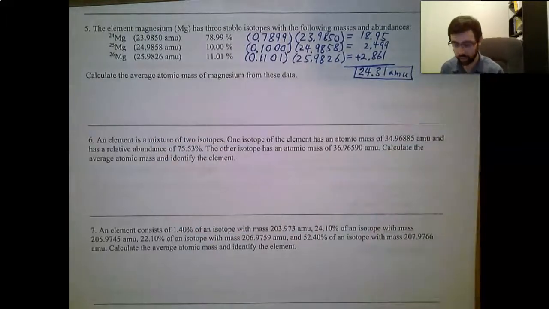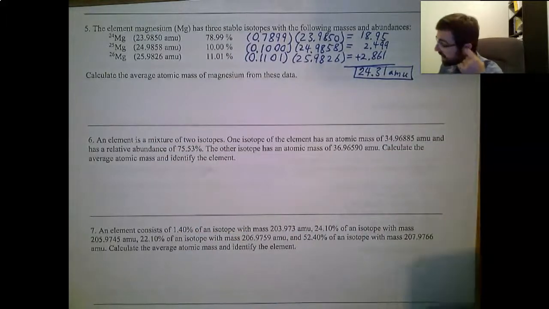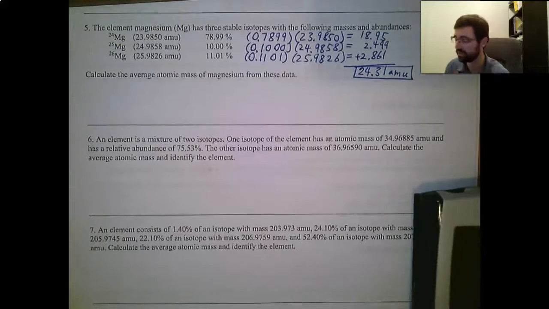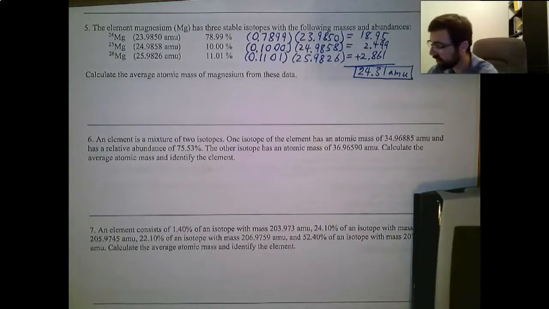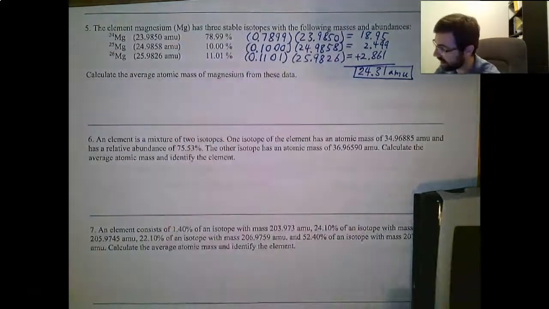If you need a quick way to solve this, and sig figs aren't that important, or you can kind of figure out sig figs another way, you can write this all out in the calculator like this.